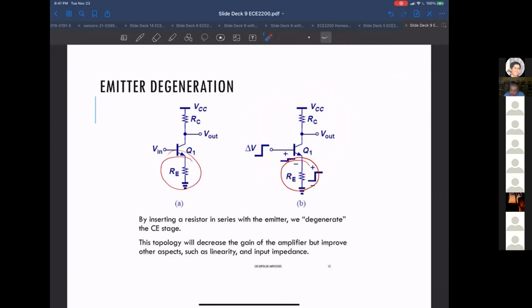The problem with it is, just like the biasing circuit we talked about, there's a lot of variation in that gain. If you have this change in voltage, it's exponential, but it's somewhat uncontrolled, because of that exponential dependence, I_C equals I_S exponential of V_BE over V_T.